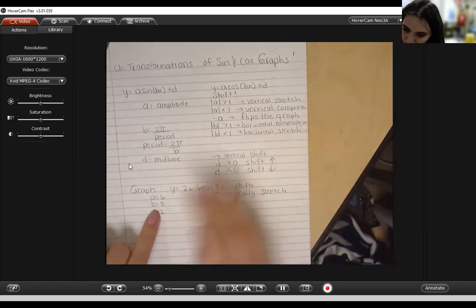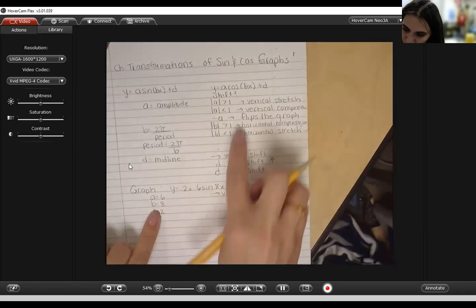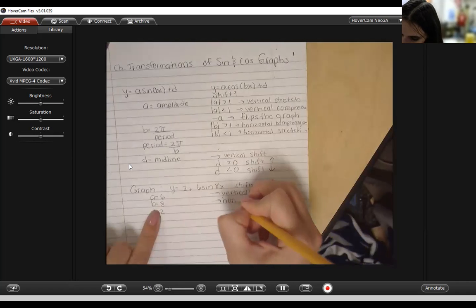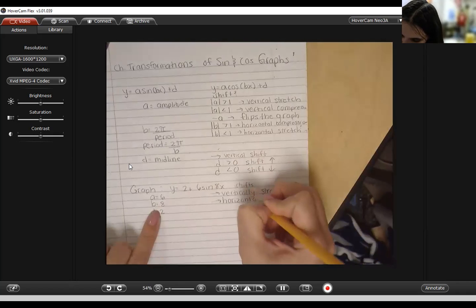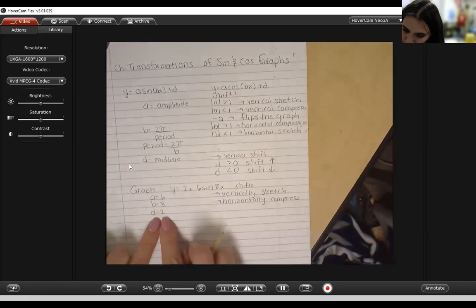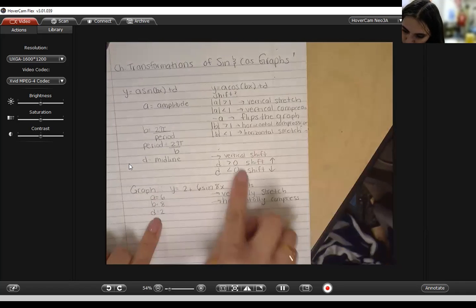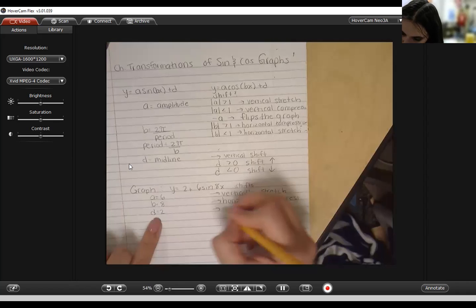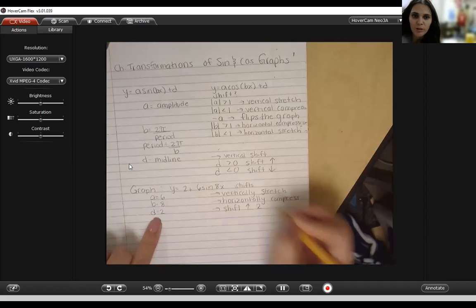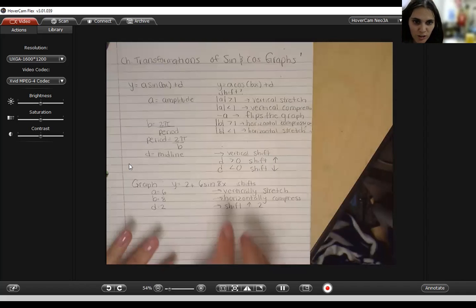I know that my b value is greater than 1, so it's going to horizontally compress. And I know my d value is 2, which means it's going to shift up 2. So if you get on your worksheet or you have a question that asks you to label the transformations, here are the transformations.